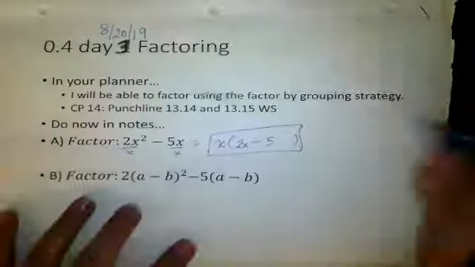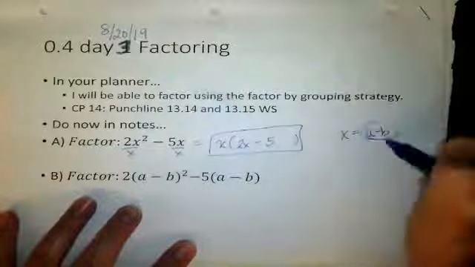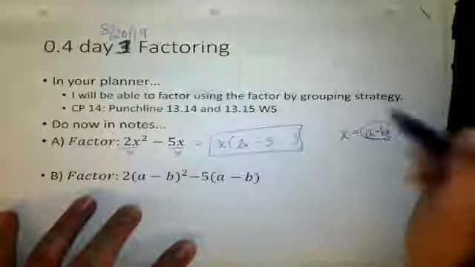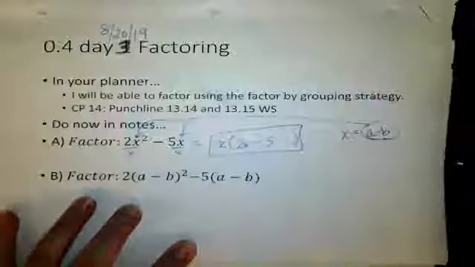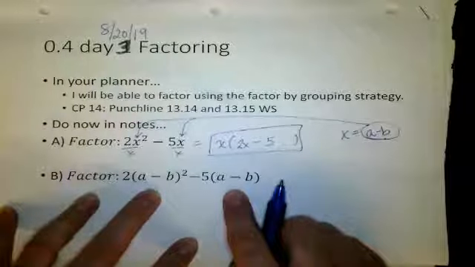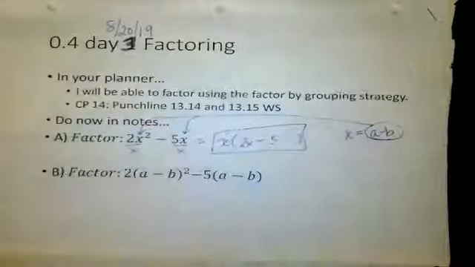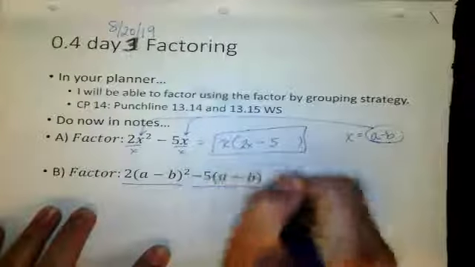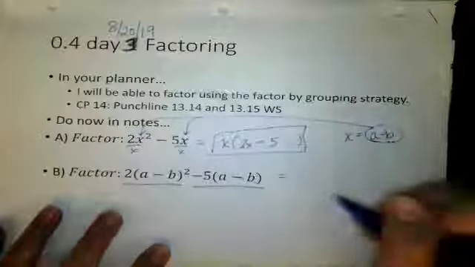If I said x is the same thing as a minus b, and you took that a minus b and you plugged it in, wouldn't you get that? Okay. So not only can we factor out maybe just an x that is common to both terms, but when I look at this, I see one term and another term, and I say, hey, what do these have in common?